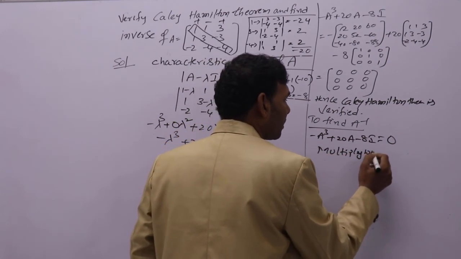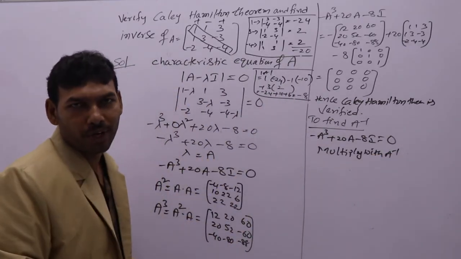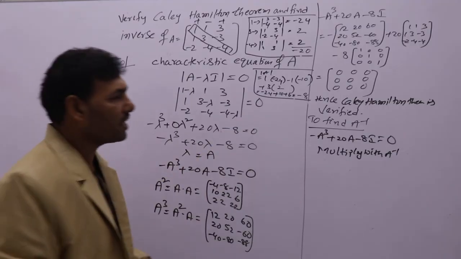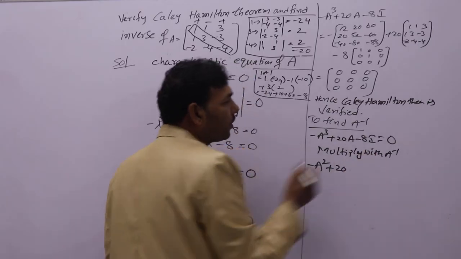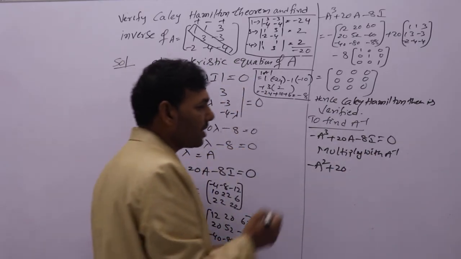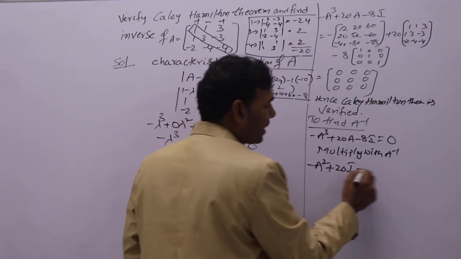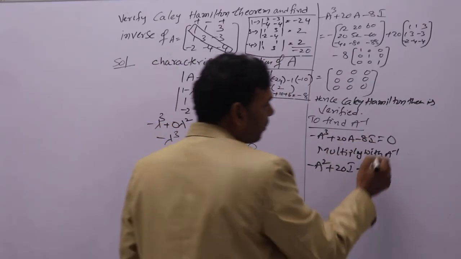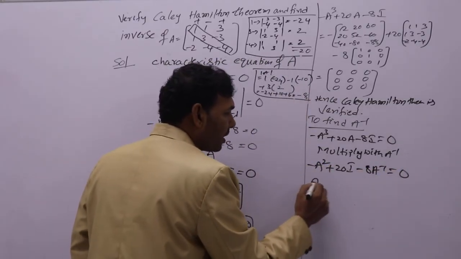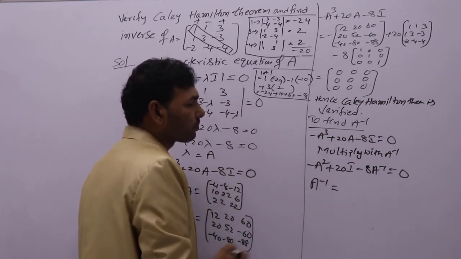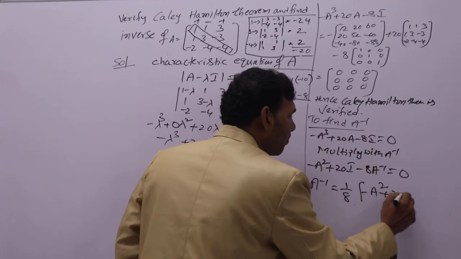If you multiply with A inverse, A cube into A inverse gives minus A square plus 20. A into A inverse gets cancelled. Wherever you have a constant, there write I: minus 8I into A inverse. So finally, A inverse equals 1 by 8 into minus A square plus 20I.